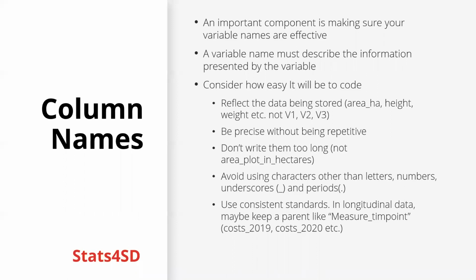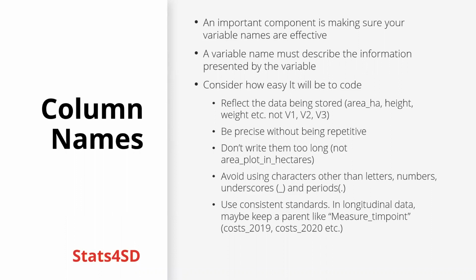A good column name should obviously reflect the data stored within that variable. So something like area_ha, it's quite clear that that's describing some area and putting that into hectares, or heights or weights, and perhaps the unit of measurement as well would be an alternative. So it might be height_cm if it's centimeters, or in if it's inches.